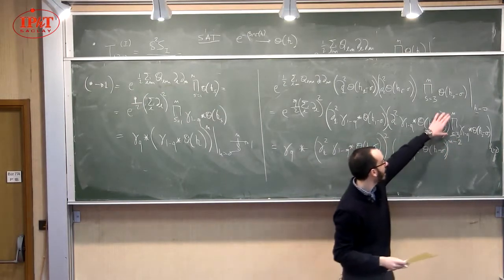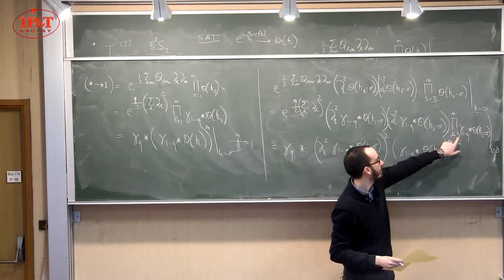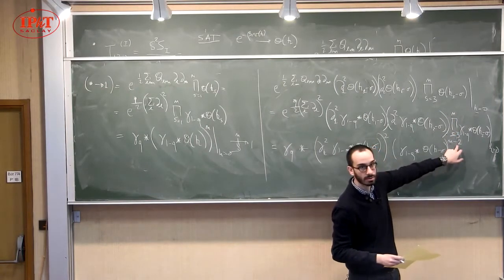Okay, because these are n, but here it's from 3 to n. Okay, so it's n minus 2.